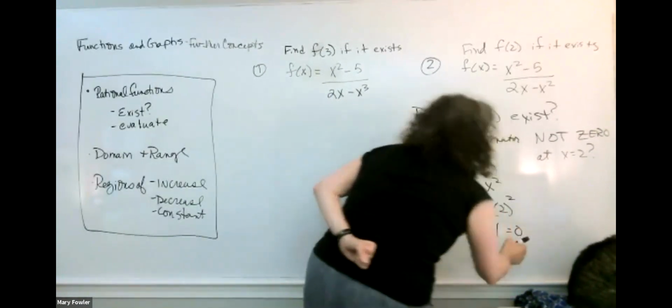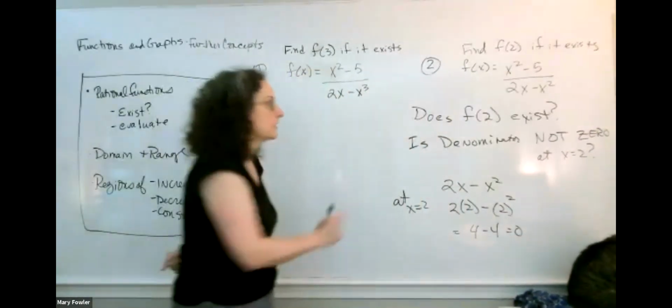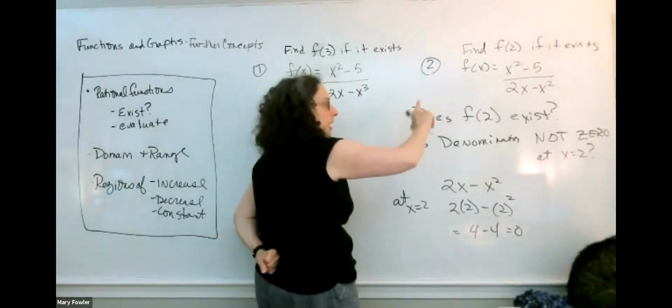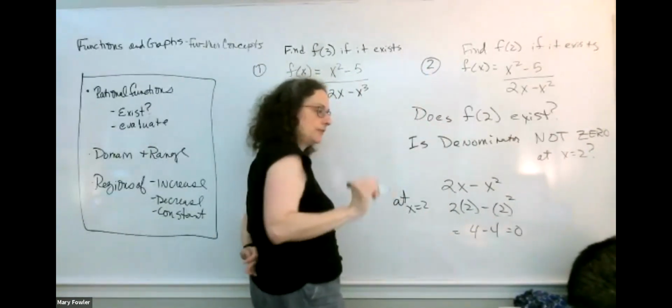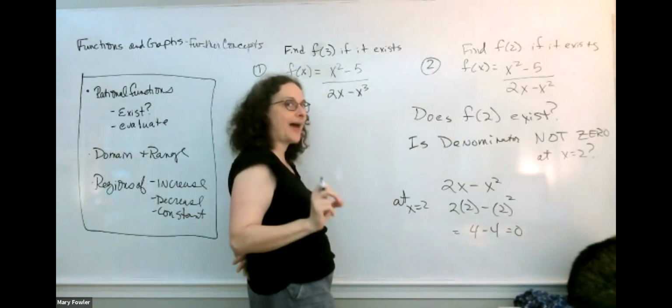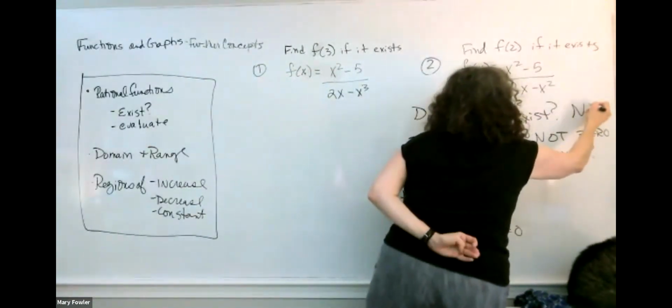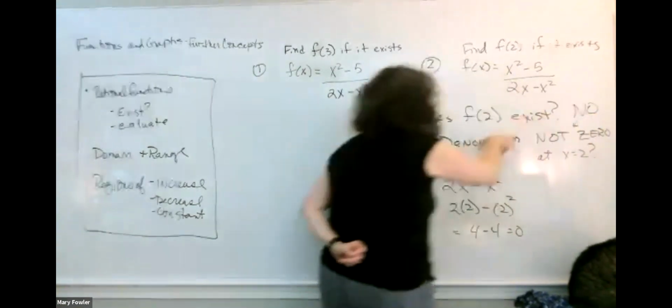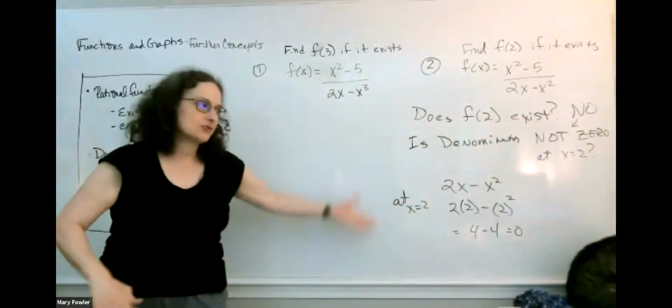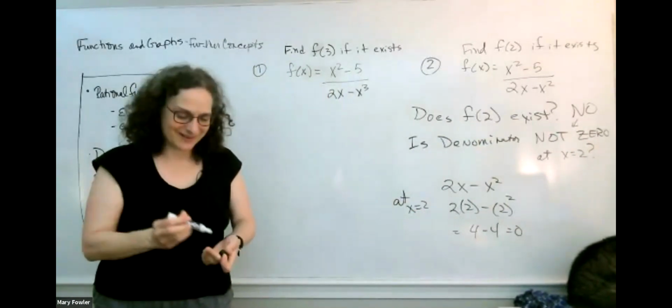Wow, that does equal 0. So here is an example of a situation where the function doesn't exist at the given value of x. So does f of 2 exist? No. And again, below here is how I tried to show my work so you would understand.